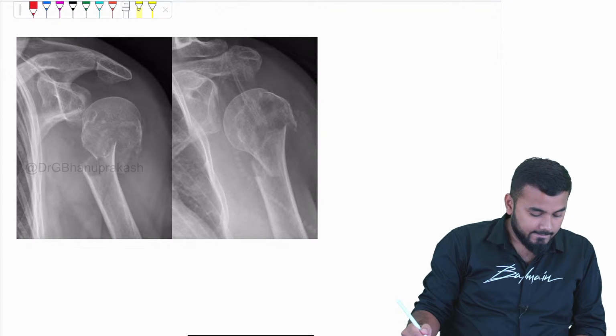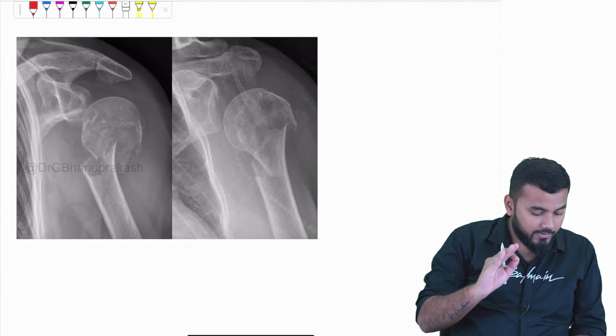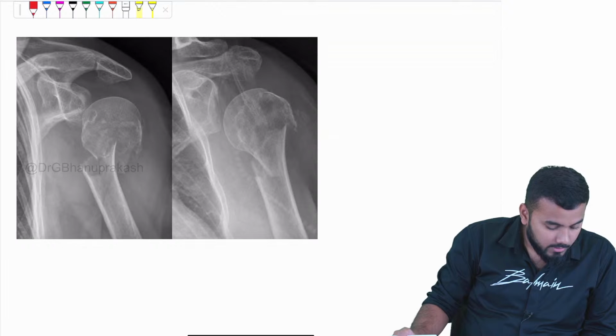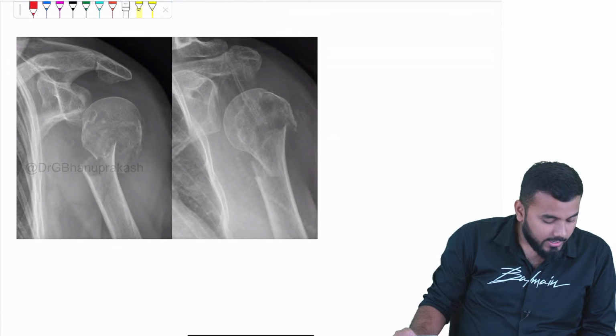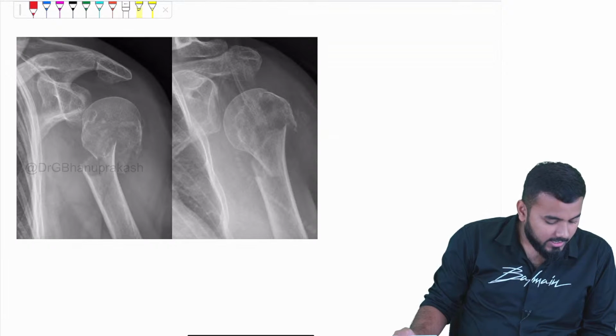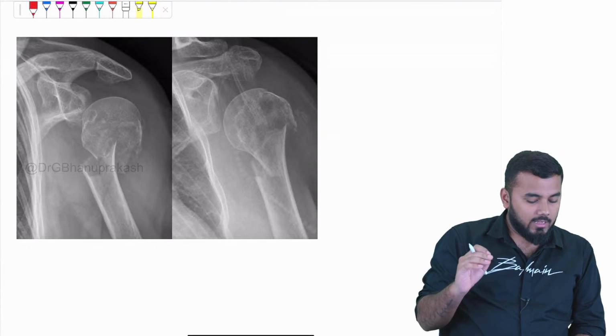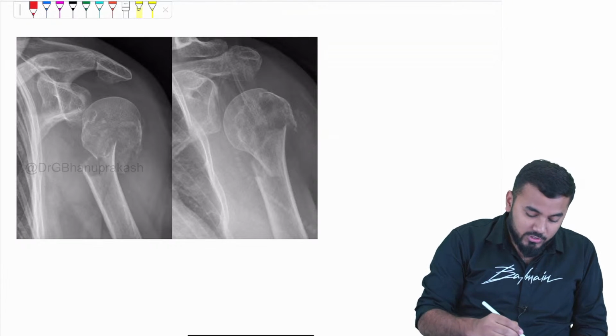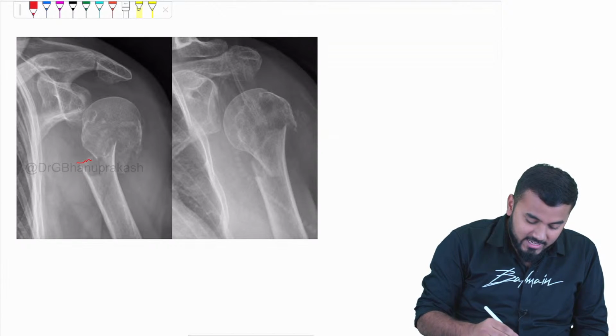Perfect. You're all perfect, guys. Very good. Gangani, you're right. Vanilla, you're right. Cyanide, Bardhan, Aniken, Harshita, Rehan, Rehana Akhtar, all of you are right. You can very clearly see a fracture here, right?